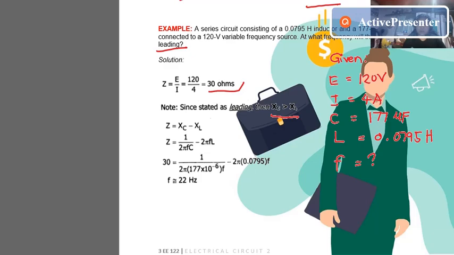So we have here 30 ohms. Then, since the capacitor and the inductor are given, we can now solve for the frequency. So simplify the formula: XC is 1 over 2 pi FC, minus XL, which is 2 pi FL.